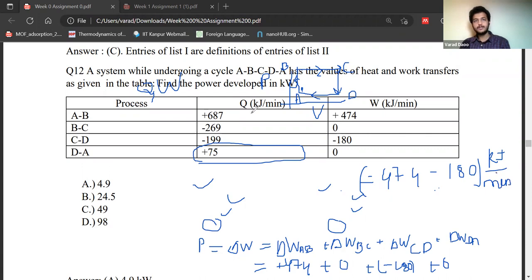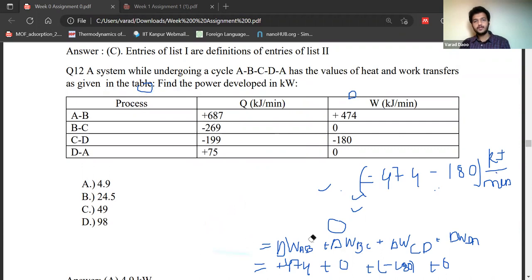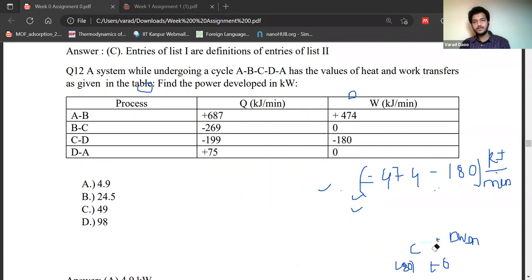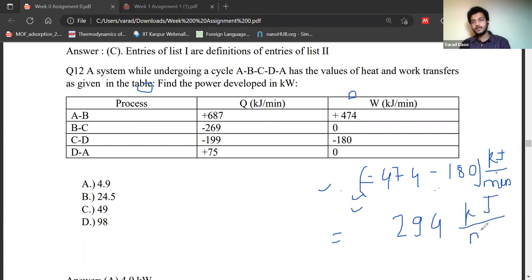Okay. So let me remove this. Okay. So this will be what? 492. Right. This will be kilojoule per minute, and we are asked in kilowatt, right? Kilowatt.